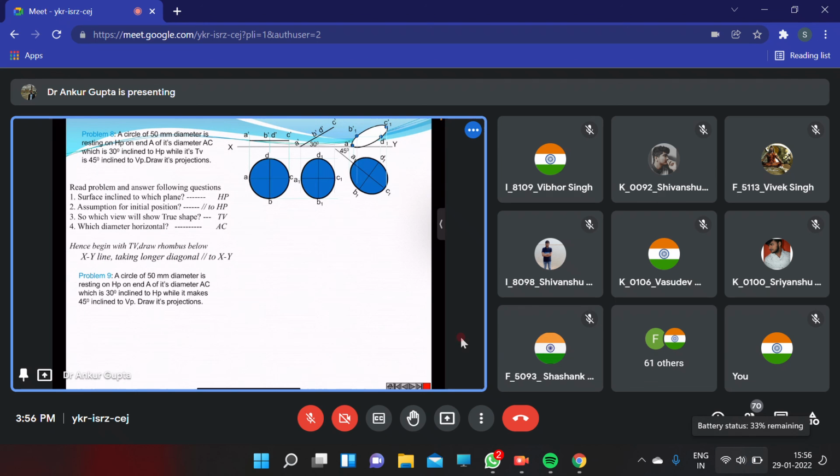Its diameter AC, which is inclined 30 degree to HP, while it makes 45 degree inclined to VP. यहाँ पे डायमीटर की बात हो रही है। डायमीटर को आपको ऐसा फिक्स करना है कि diameter is making an angle of 45 degree inclined to VP, not the top view. ठीक है?